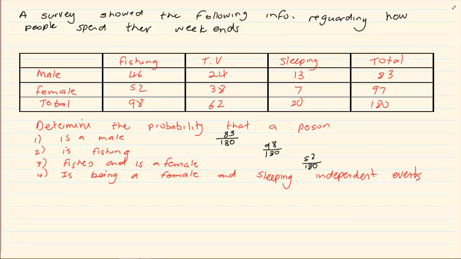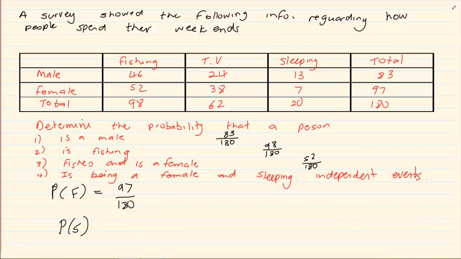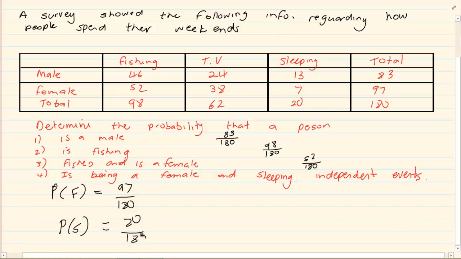Is being a female and sleeping independent events? First we need to look at the probability of being a female. If you look, being a female is 97 over the total, which is 180. What is the probability of sleeping? Sleeping, the total for sleeping is 20. So the probability of sleeping is 20 over 180.